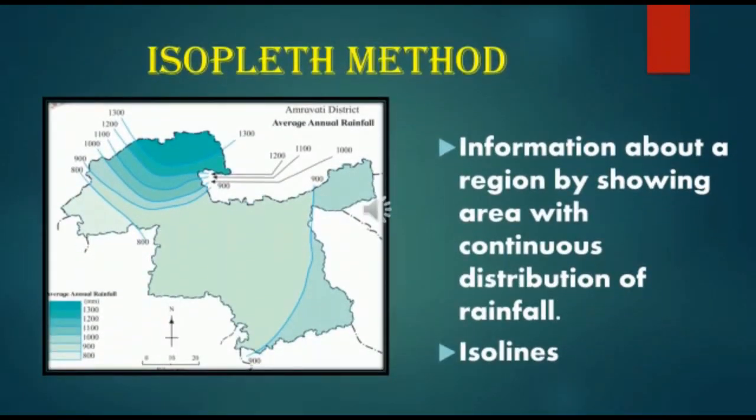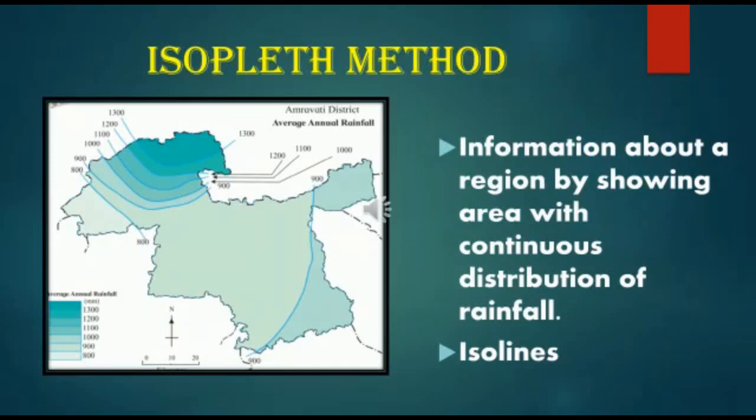Isopleth method maps simplify the information about a region by showing areas with continuous distribution. As you can see in the map, this map is about Amravati district average annual rainfall. For this, it is assumed that the difference between the altitude or rainfall of two places changes at a uniform rate.